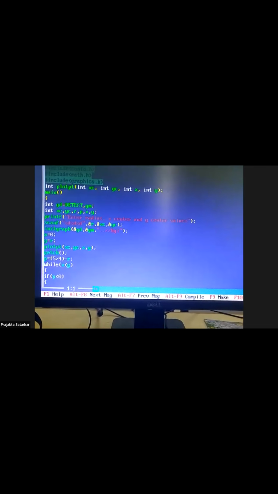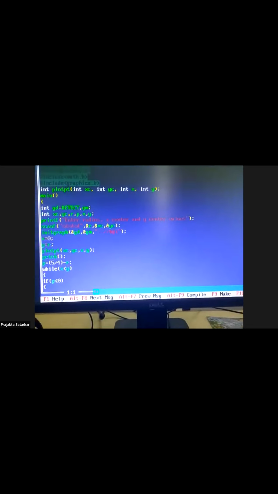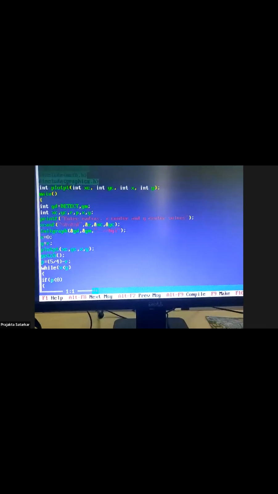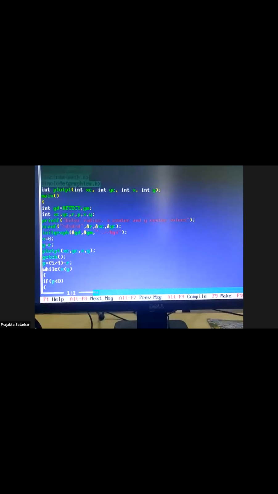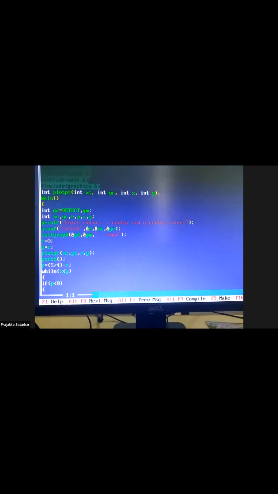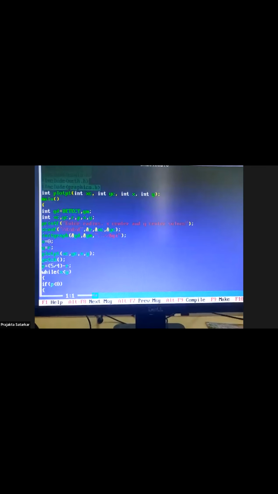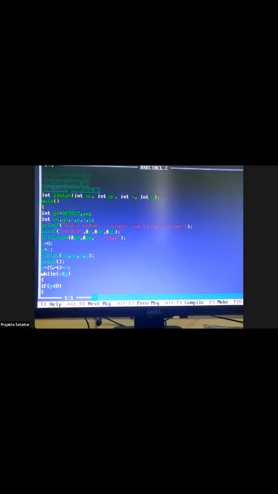And then I am calling the function plotpoint, with XC, YC, X and Y. When I plot this particular point, XC, YC, X and Y, this is with respect to your new center coordinates, where X and Y are the parameters from the algorithm itself, and XC, YC are the actual center parameters.